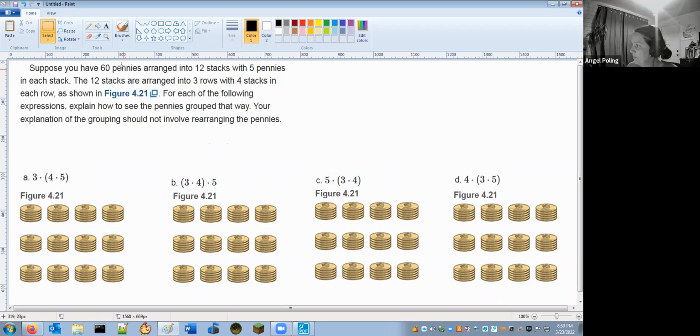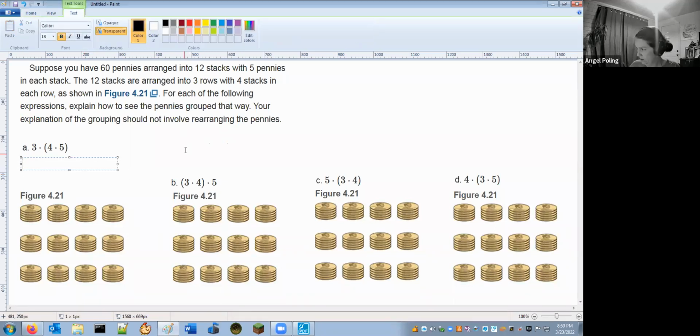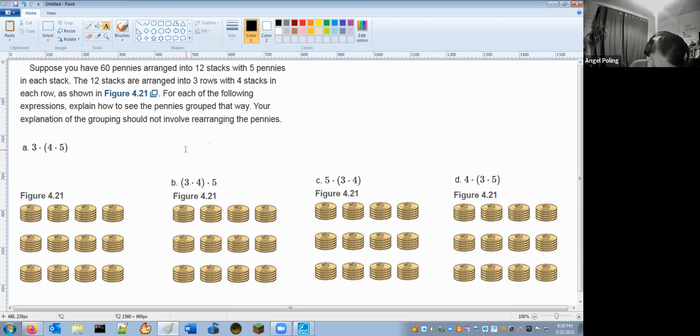Okay, so we have here 3 groups of 20 to start. So 3 groups of 20. And the 3 groups are here.